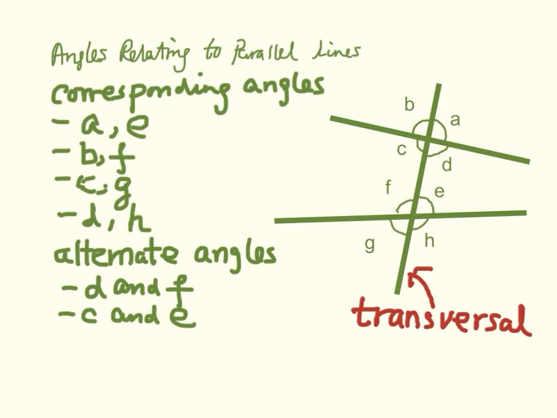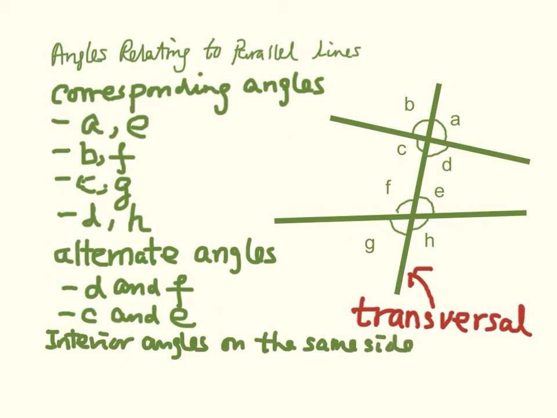The last type is called interior angles on the same side of the transversal. Just like the alternate angles, we refer to the angles within the 2 given lines.